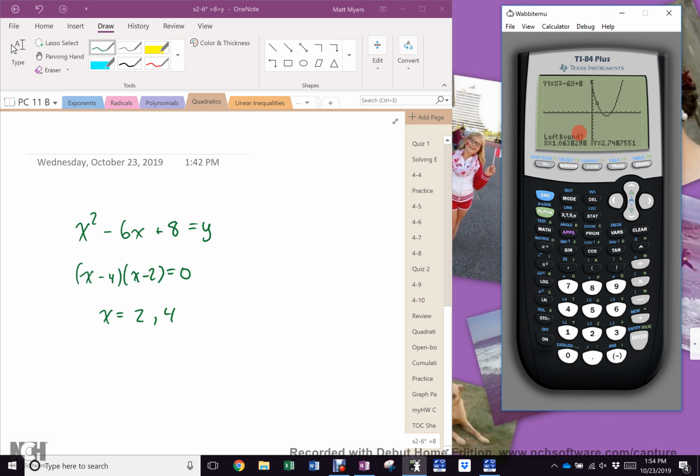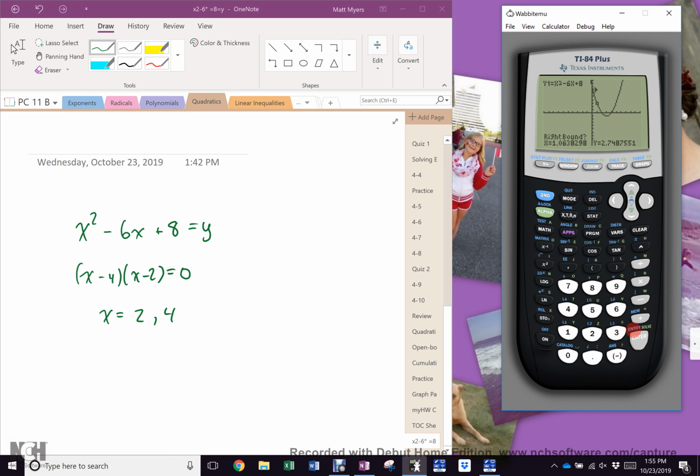Of course it is, because the point I care about is right there where it crosses. Is that flashing dot to the left of it? Yes. So what do you think I would push? Because now I have my left boundary in a good spot. I'm going to push enter.